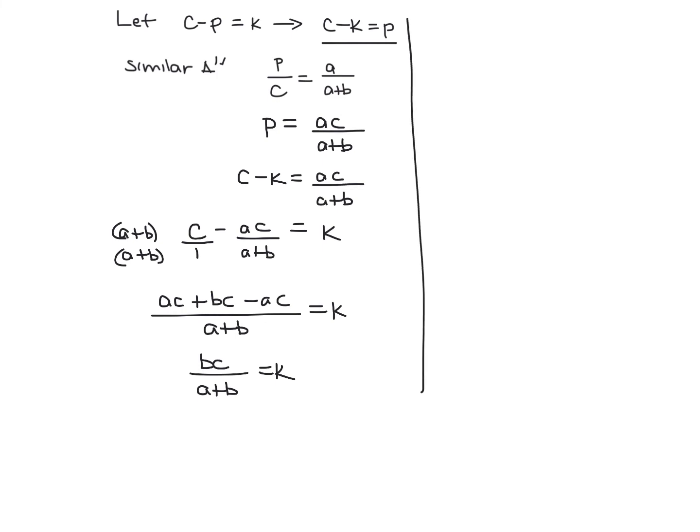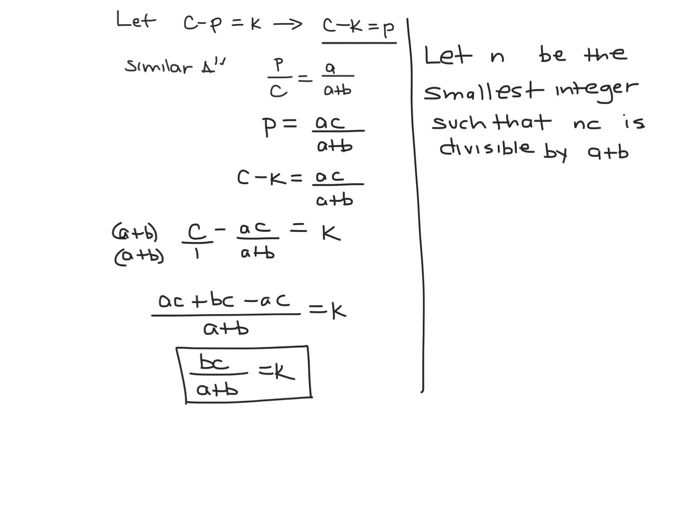Okay, so now we have to look at this guy and talk about a few things. Let's say I have some variable n, and it is the smallest integer such that n times c is divisible by a plus b.